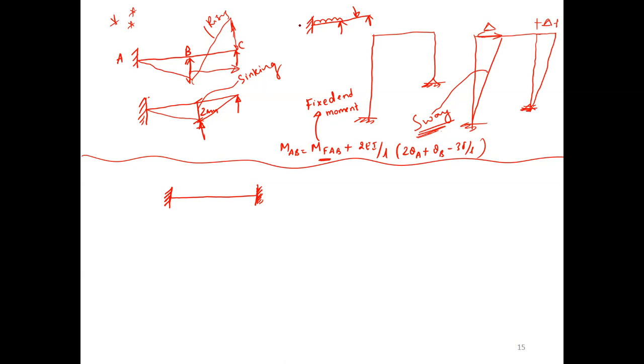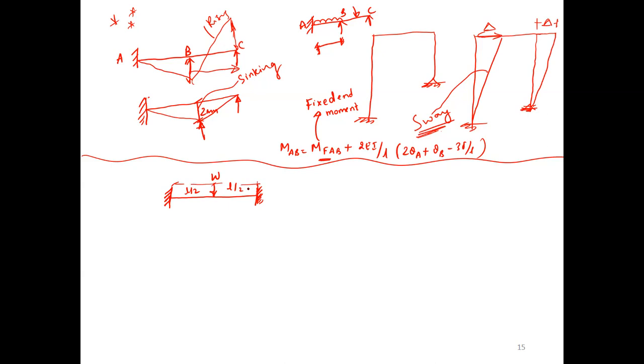Initially the spans are assumed to be fixed. So I have to assume the span as fixed when we are doing MAB. I am considering one case at a time. Here the point load W acts at L by 2, exactly at the center.